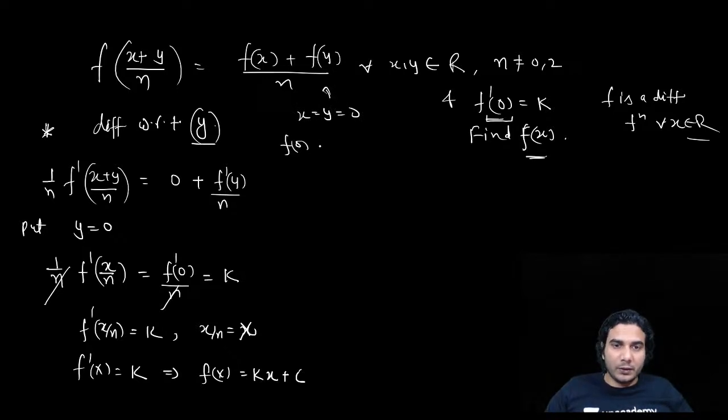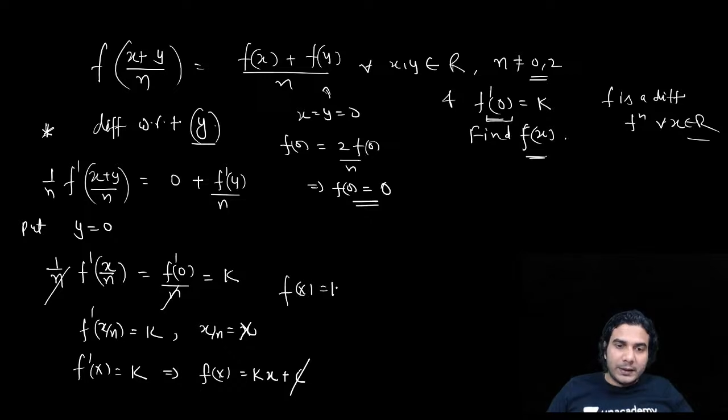So you'll get f of 0 is equal to twice of f of 0 divided by n. Since n is not 2, you will get f of 0 is equal to 0. Simple. So this c will vanish, and finally you'll get f x is equal to kx.